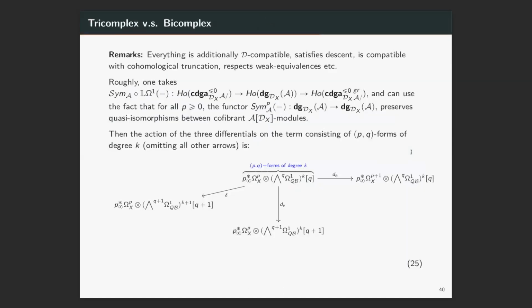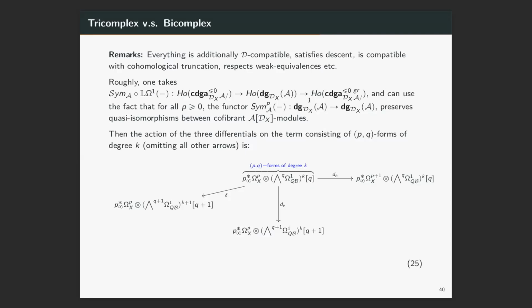To prove that this is reasonable and makes sense, you have to show everything is, first of all, compatible with the differential structure. It satisfies homotopical descent with respect to the dA-tau morphisms I haven't mentioned. It's compatible with truncations, respects all the weak equivalences, and all of this can be shown.